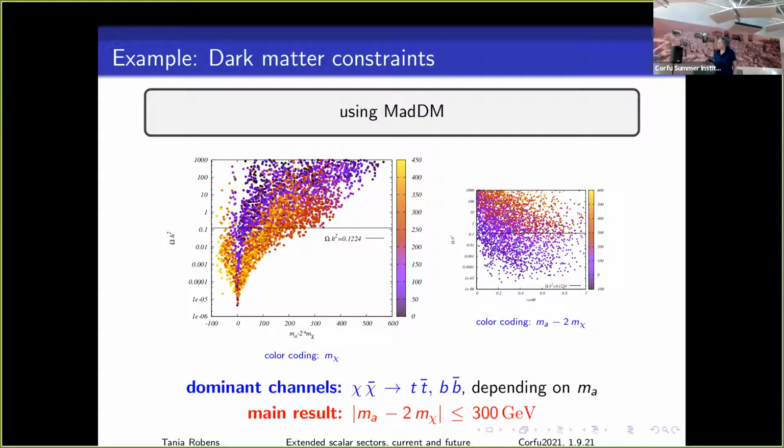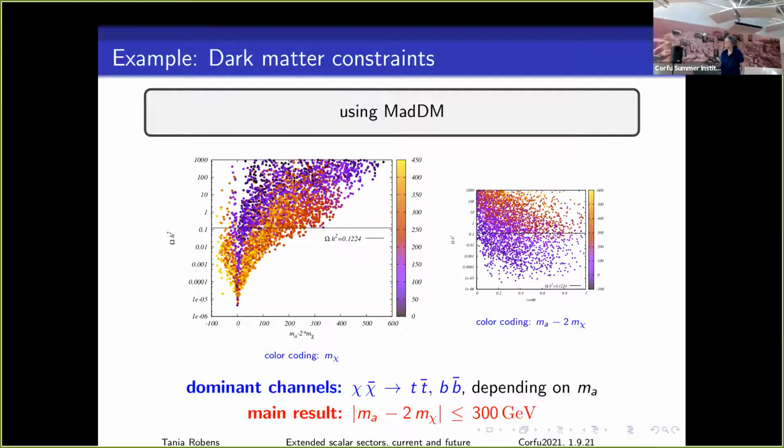Another example are the dark matter constraints. What you see here is the mediator mass minus 2 times the dark matter mass, so if it's 0, you're on top of the resonance. This is the relic density, and this is the official bound, so you don't want to be above this bound for sure.